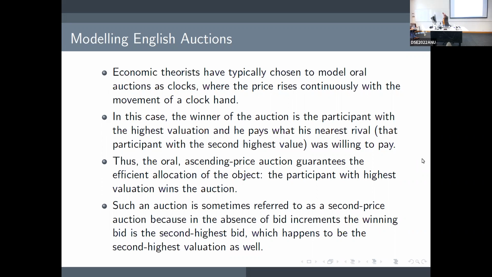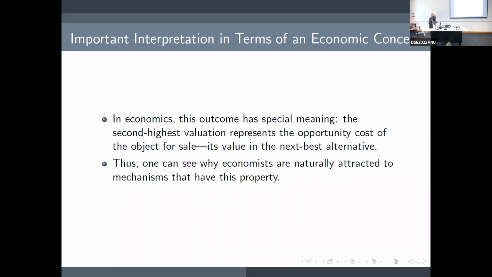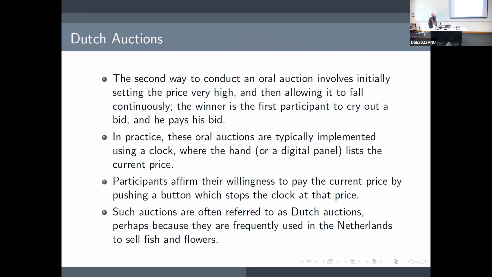And so you can imagine sorting the valuations of the potential buyers from largest to smallest, and you know what their type was. Let's suppose the valuations are 5, 3, and 1, and the clock is rising. The third guy is going to drop out at 1. Second guy is going to drop out at 3, and the first guy is now the winner. And so he pays what the nearest guy was willing to pay. And that, as I mentioned, has this important meaning to us. And you can see, therefore, why economists are attracted to stuff like that.